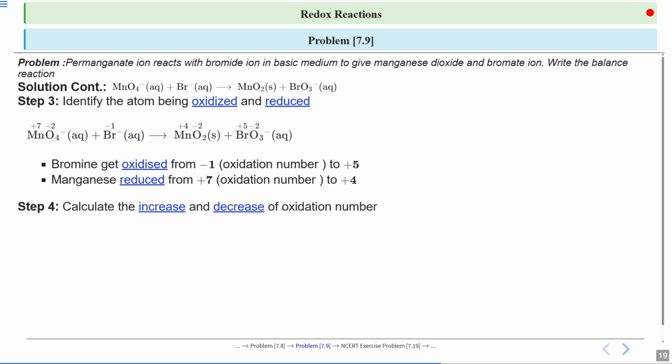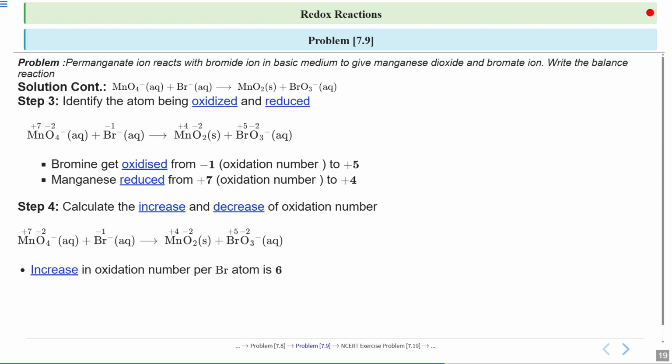Now, in step 4, we will calculate how much increase and decrease in the oxidation number has taken place, for manganese and bromine. First we will calculate for the oxidized one, as in it the oxidation number always increases.